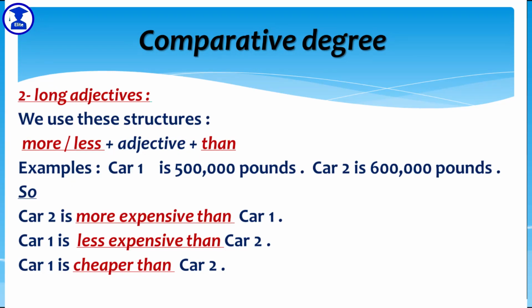How can we express this difference in price using the comparative degree? We can say car 2 is more expensive than car 1, or car 1 is less expensive than car 2, or car 1 is cheaper than car 2.